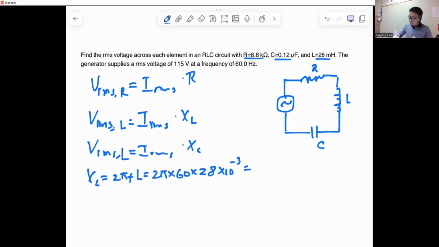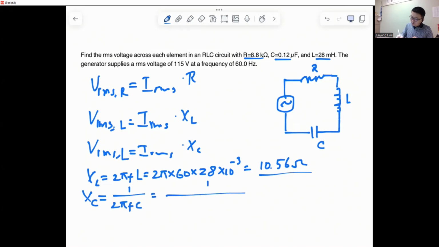That gives us about 10.56 ohms for XL. XC is a little bit different. It's 1 over 2 pi F C, so 1 over 2 pi times 60 times 0.12 times 10 to the minus 6. In this case, this is 22,105 ohms.